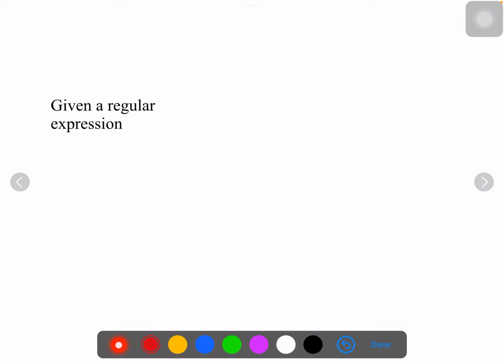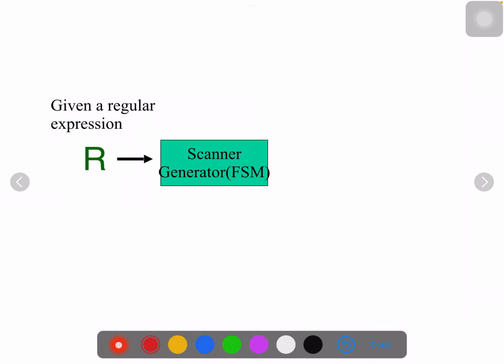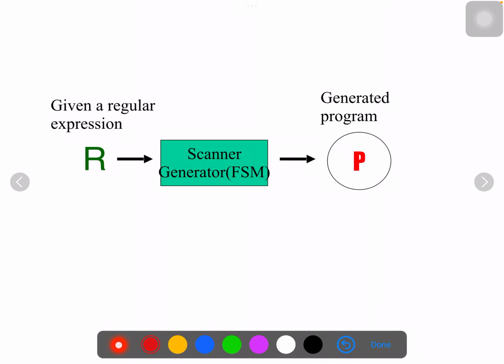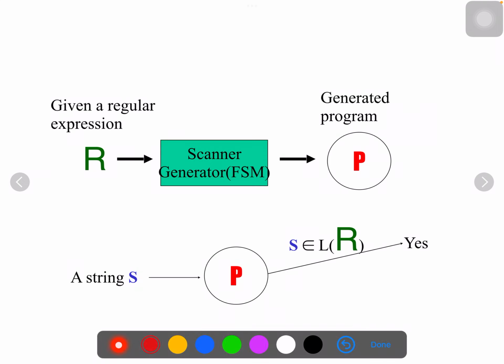Now let us move to the next topic, or you can see some examples of how regular expressions are useful in your problems. Okay, there is a regular expression, so I'll give it to the FSM. FSM is nothing but a finite state machine, which is also called a scanner. This is expecting input as a regular expression and will generate a program.